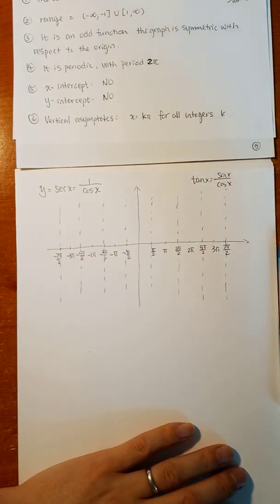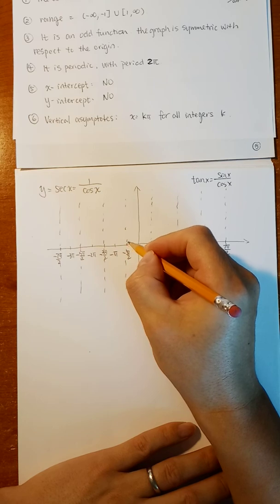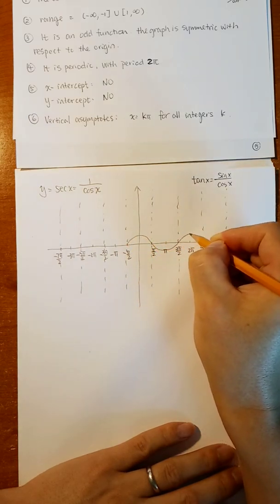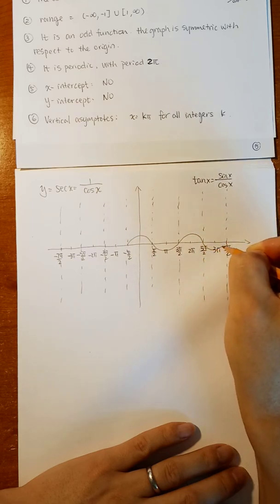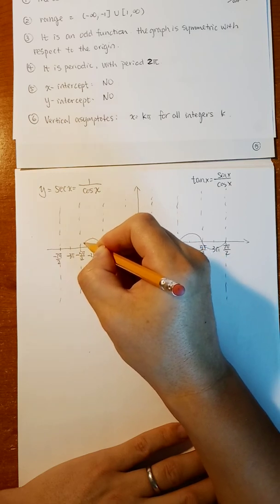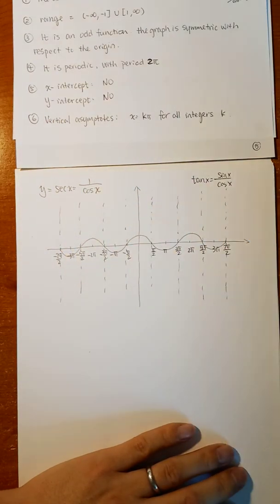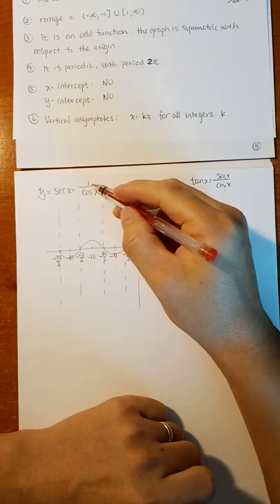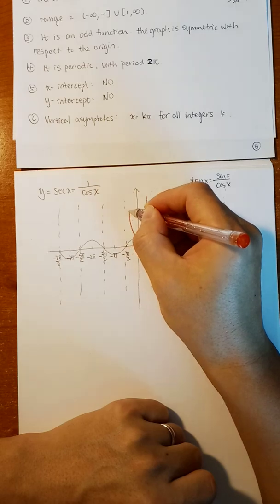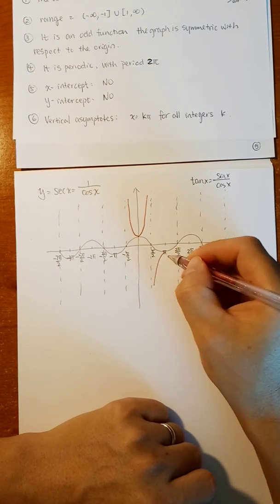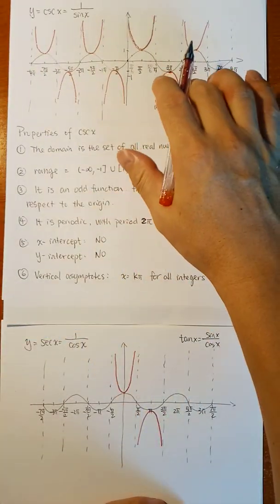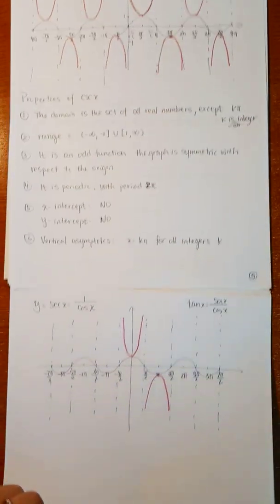Okay, and then let's sketch the graph. First, I'm going to sketch the graph of a cosine. And second, remember we're going to flip cosine. This reciprocal process is very close to the case when we sketched the graph of cosecant of x.